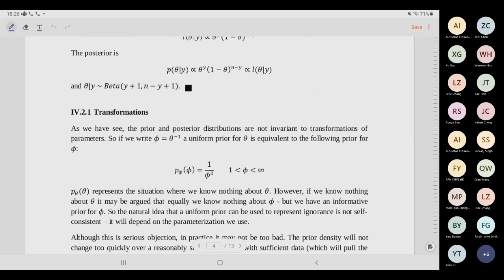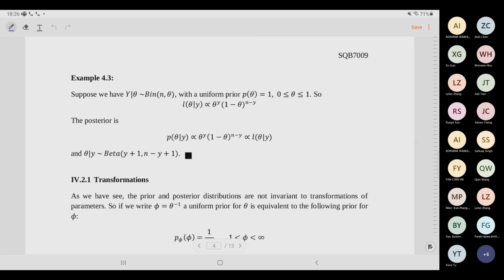For example, we have y as a binomial with parameters n and theta. Remember, y is your data, n is the number of trials and theta is the probability.